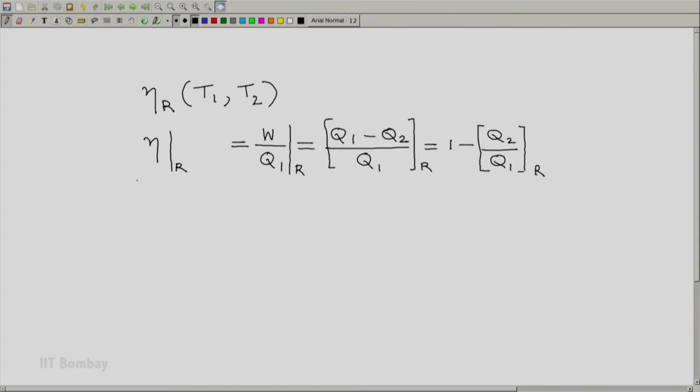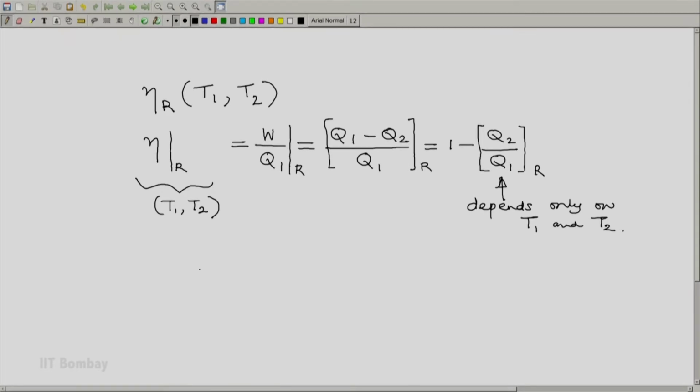And now since this is a function only of T1 and T2, that also means that this ratio Q1 by Q2 or Q2 by Q1 depends only on T1 and T2.